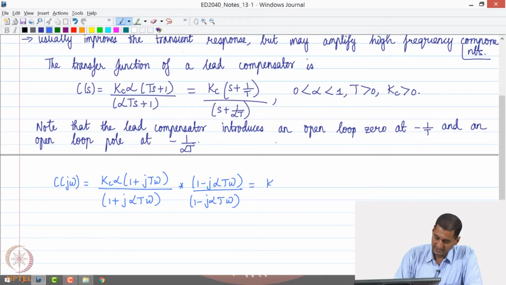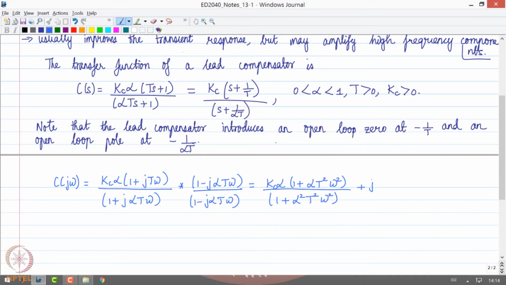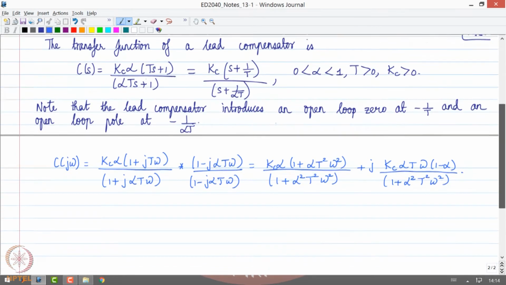If I multiply and divide by 1 minus j alpha T omega, what we are going to get is the following: Kc alpha times (1 plus alpha T squared omega squared) divided by (1 plus alpha squared T squared omega squared), plus j times Kc alpha T omega times (1 minus alpha) divided by (1 plus alpha squared T squared omega squared).